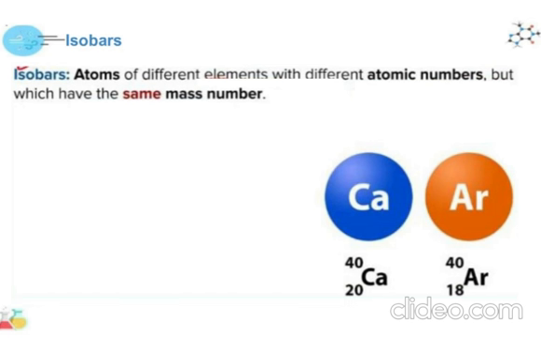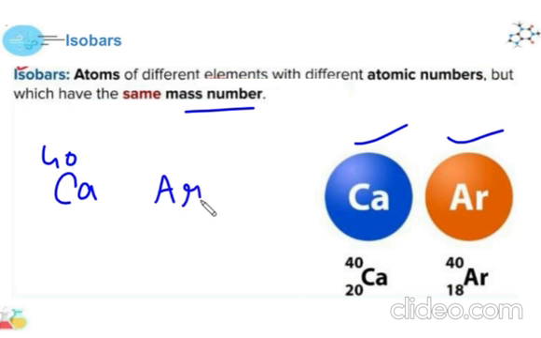Next are isobars. Isobars are atoms of different elements. Here I'm taking calcium and argon. The atomic numbers are also different, but the mass number is the same. For calcium the mass number is 40, and for argon also it is 40, while the atomic number of calcium is 20.